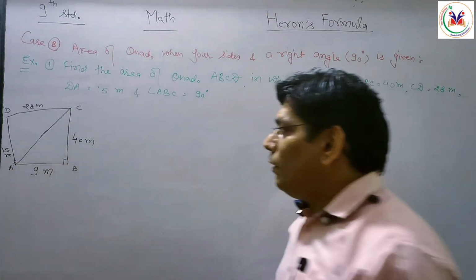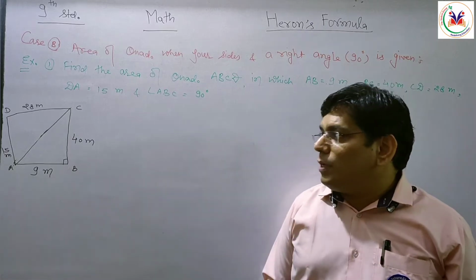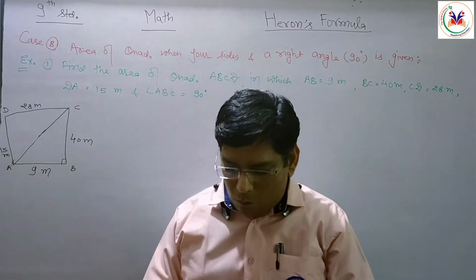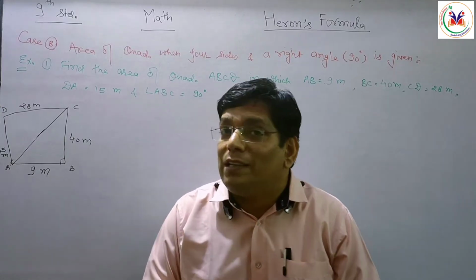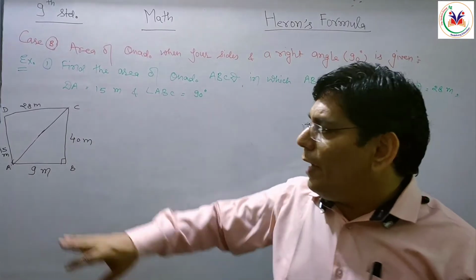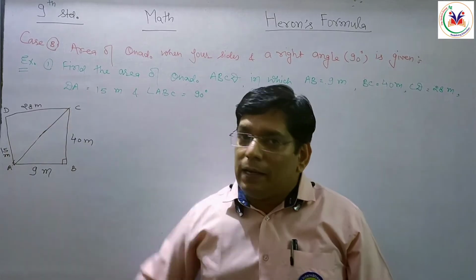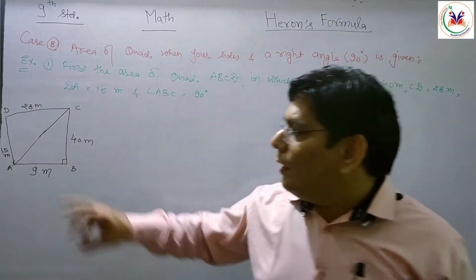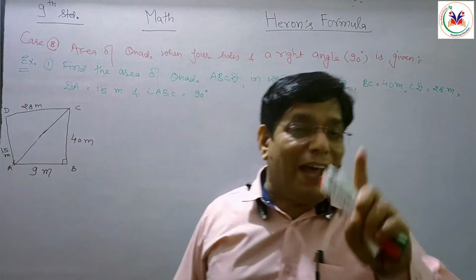Now before starting the calculation, we should go for the triangle ABC. What is the new thing in triangle ABC? Don't you think ABC is a right angle triangle? In a right angle triangle we can calculate the hypotenuse using Pythagoras theorem.